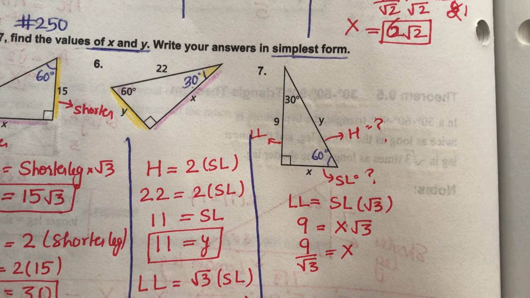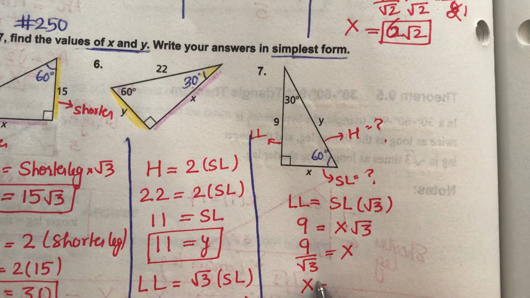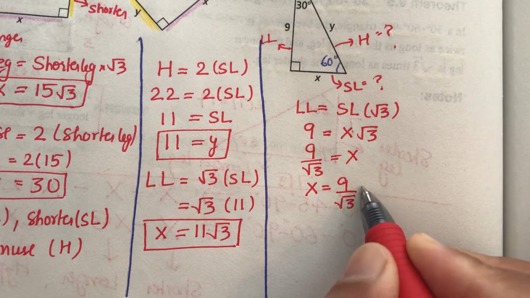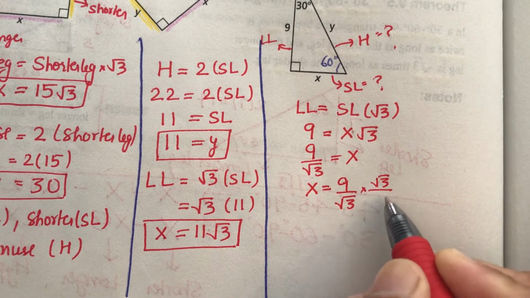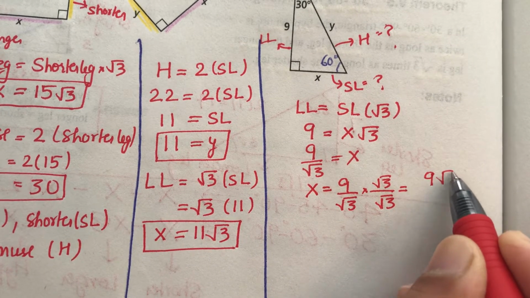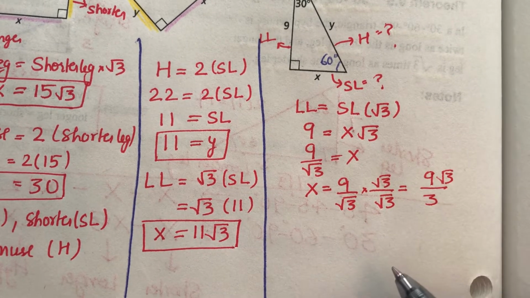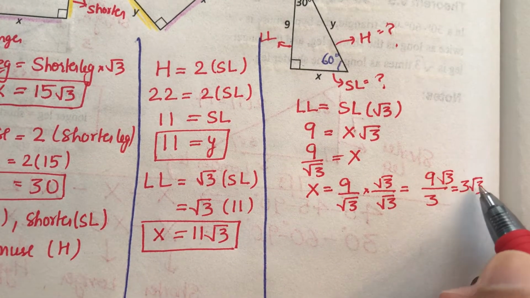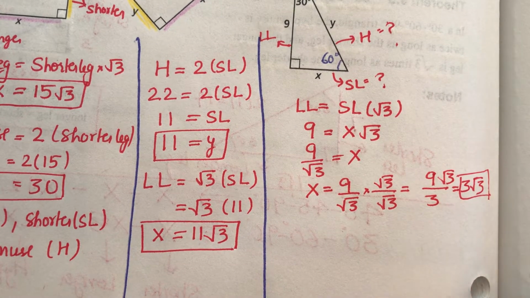But we always rationalize it, so we multiply top and bottom by root 3. We get 9 root 3 over 3, and finally this is 3 root 3. That's our shorter leg.